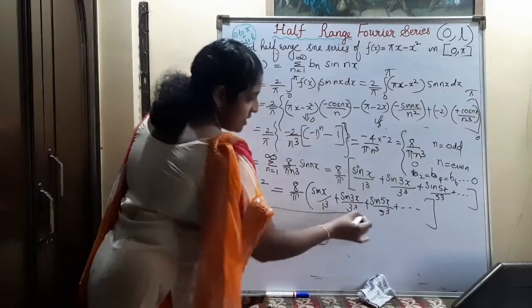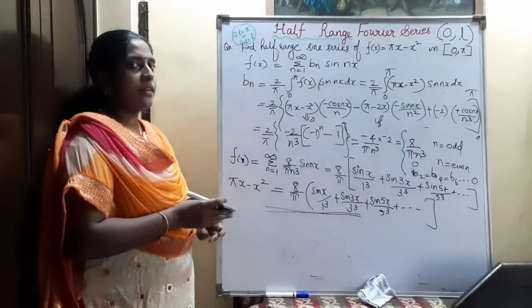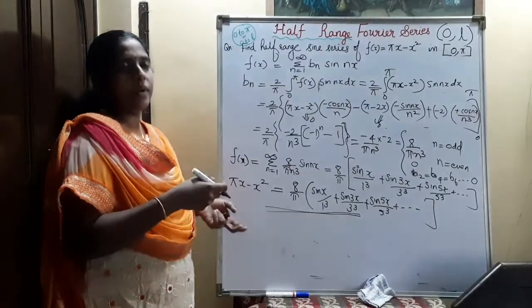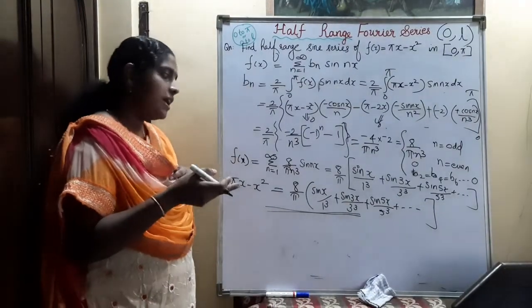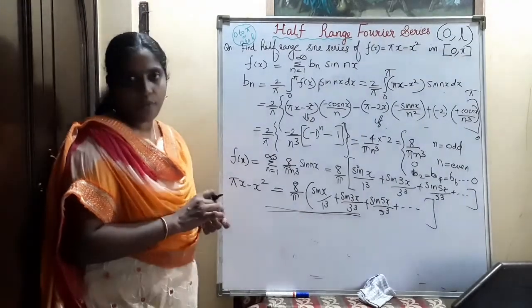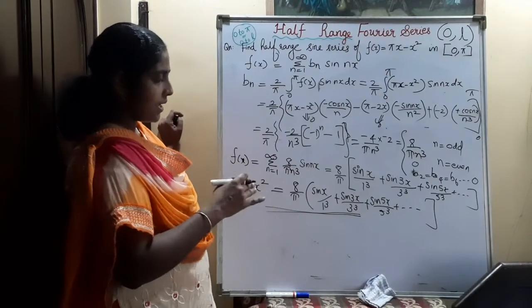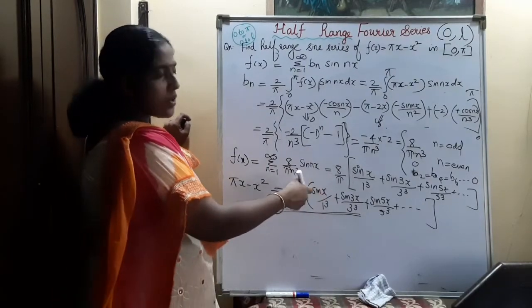Some questions will ask you to deduce a relation from this expression, like pi square by 8 or pi cube by something. In that case we have to substitute some values for x. Here it is a sine function, so substituting 0 gives 0, and substituting pi also gives 0.